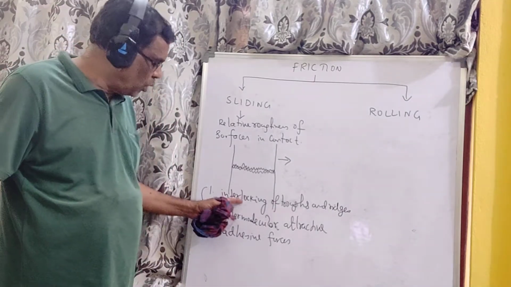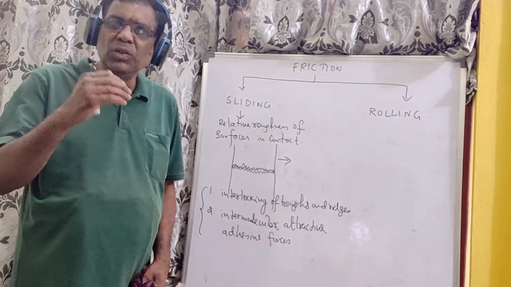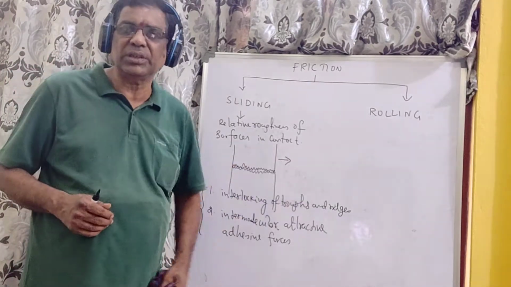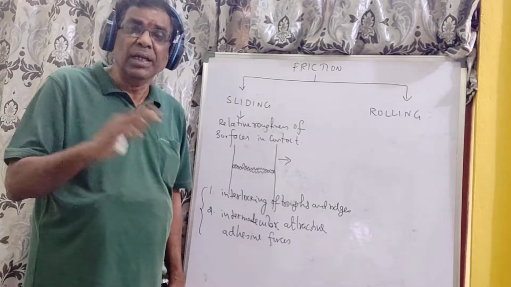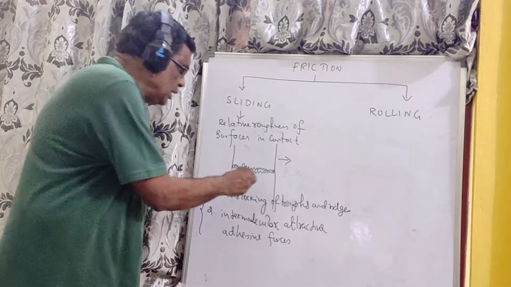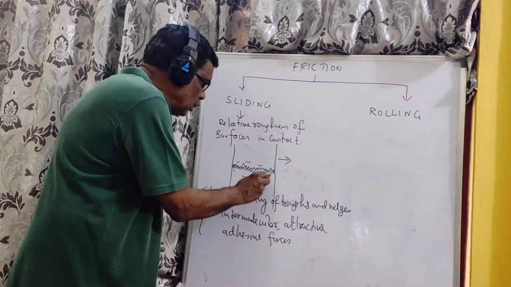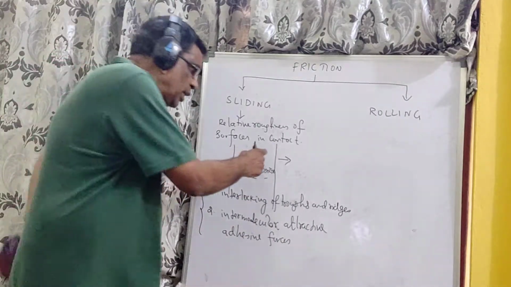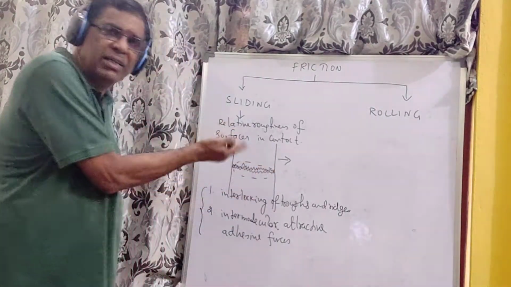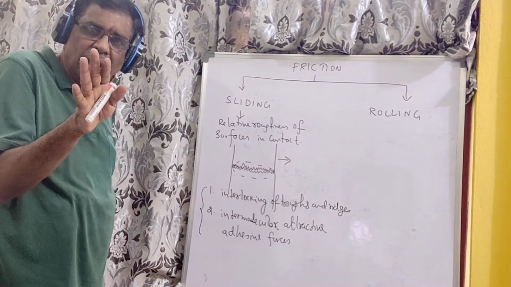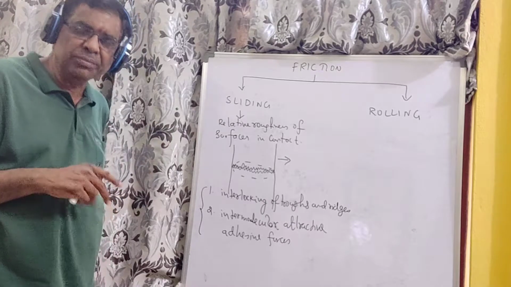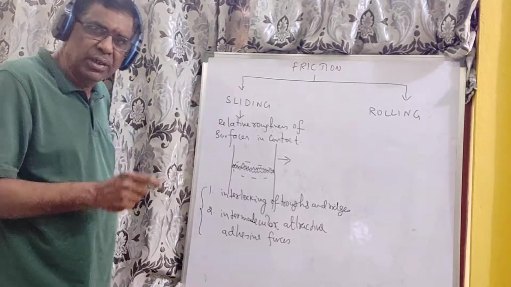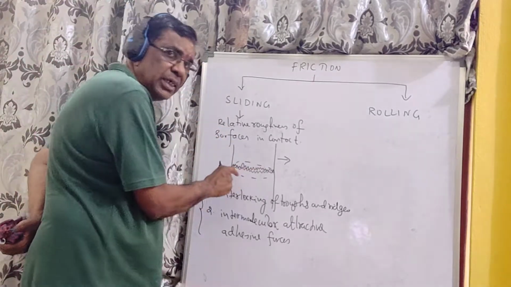In order to overcome these two, you have to apply a certain force here. That force is what we call frictional force. Actually, friction is different, frictional force is different. Friction is a concept. Force is something that develops.